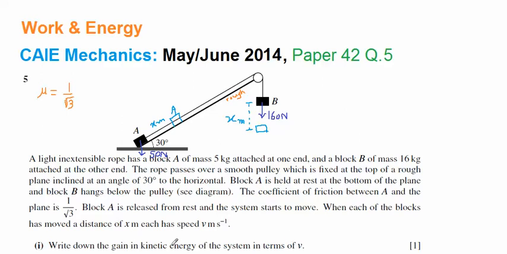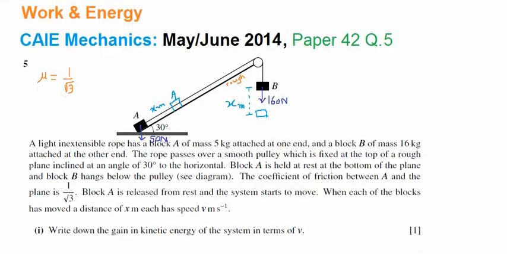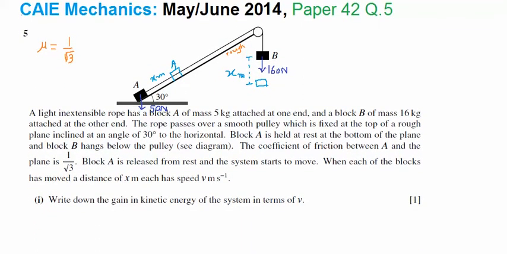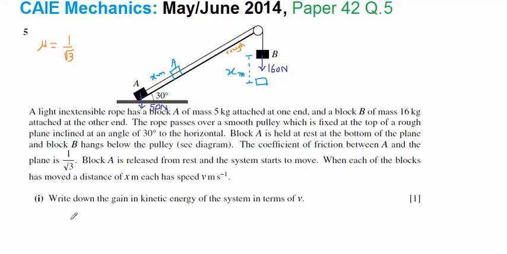Gain in kinetic energy we always find by the change in kinetic energy. We can say that the change delta KE in the kinetic energy is the kinetic energy final of the system minus the kinetic energy initial of the system. Since the string is light, and the pulley is light and smooth, only two objects A and B are moving.